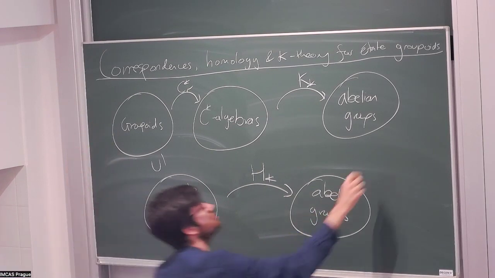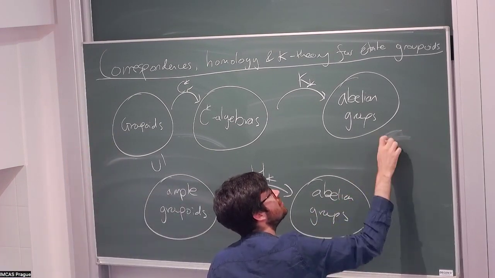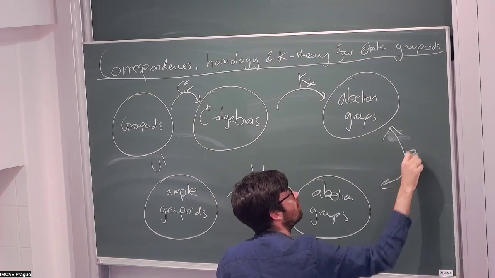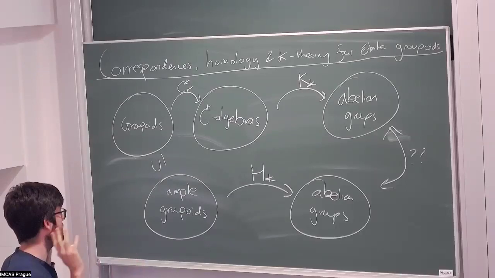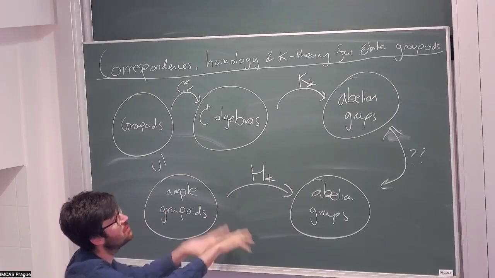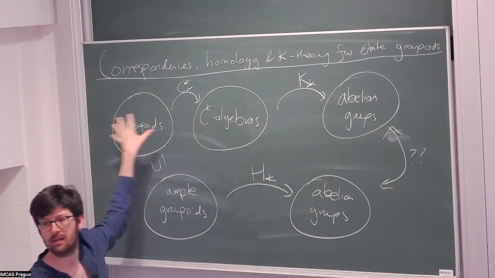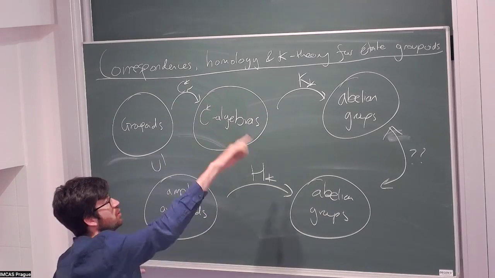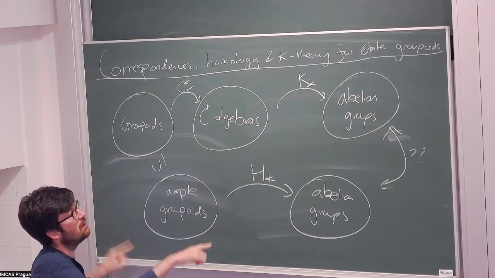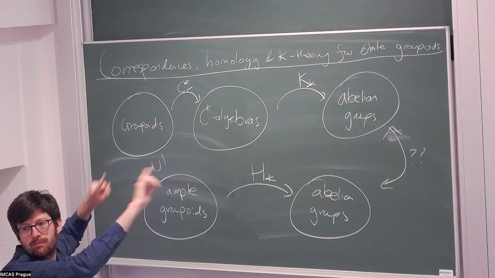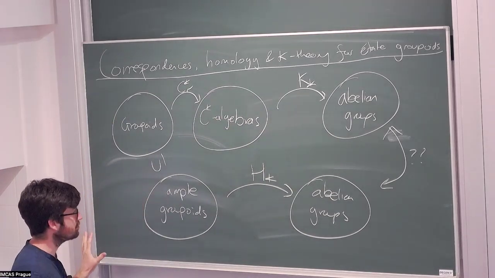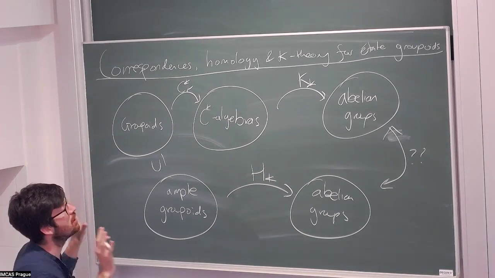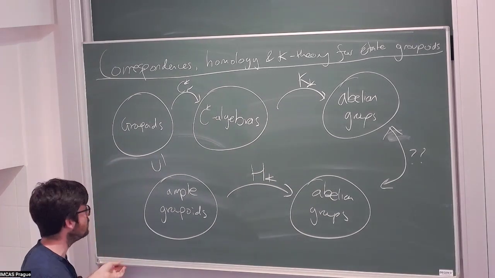The point is that there's going to be some relationship between these. The idea is that this is in principle more computable than the thing up here. So if we can understand this relationship nicely, that will help us with the above diagram. This is the topic that I want to talk about.